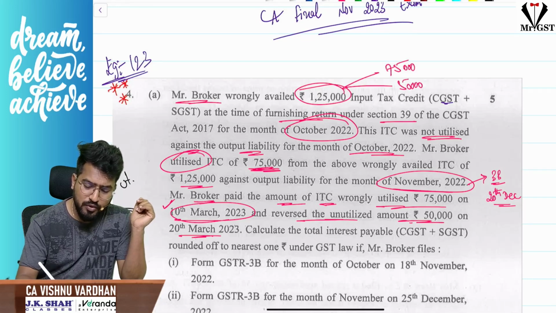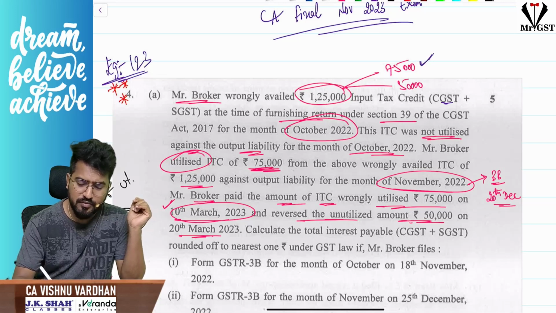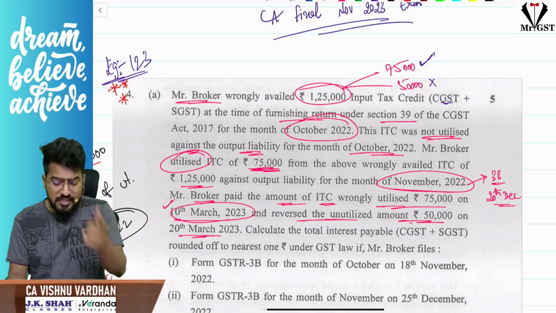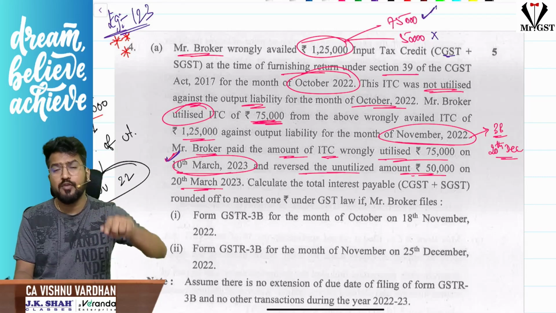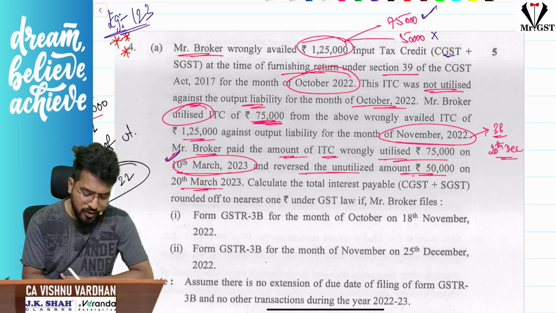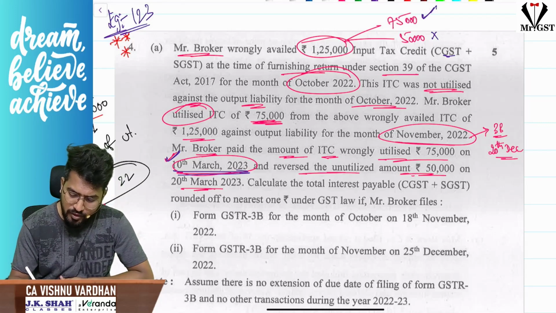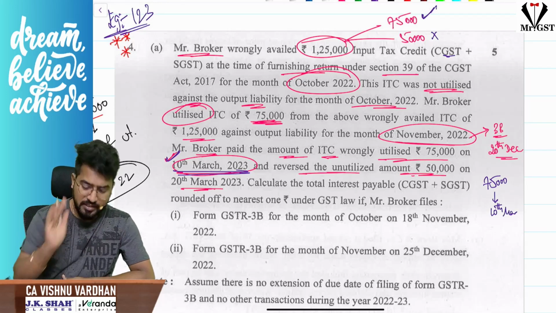That means interest will come only on 75,000, not on the 50,000. On 75,000 interest will come till 10th March, from the November month 3B filing date or due date, whichever is earlier. On 50,000 there is no interest, please understand.